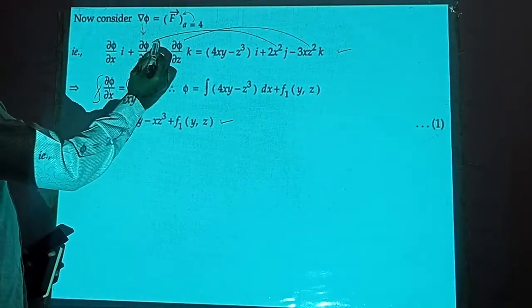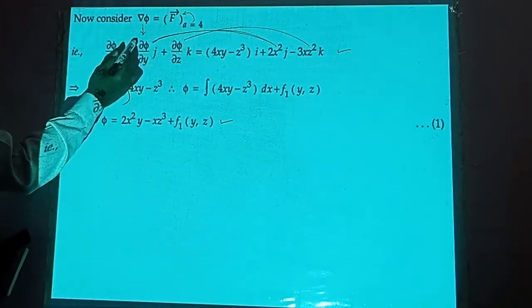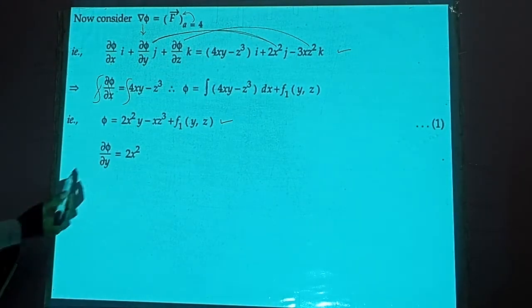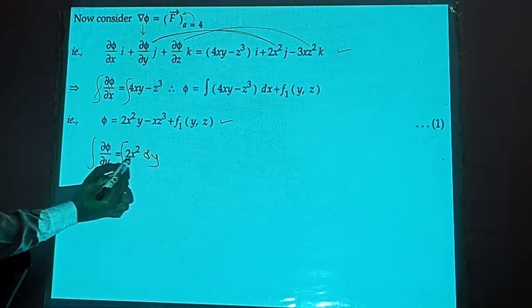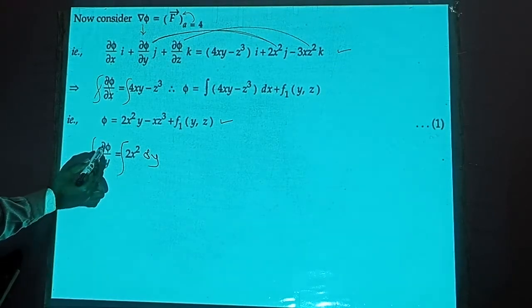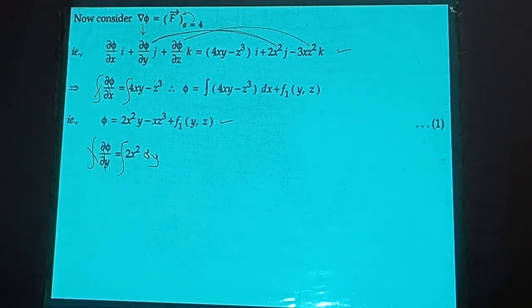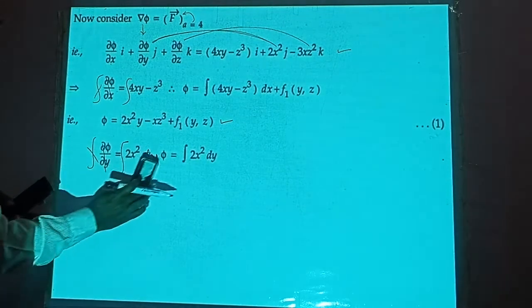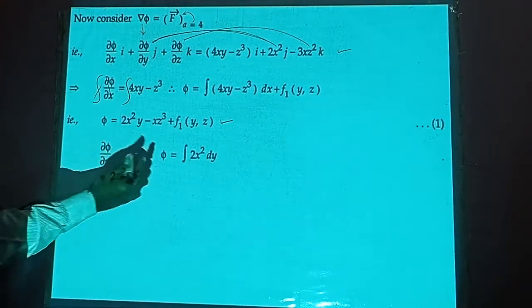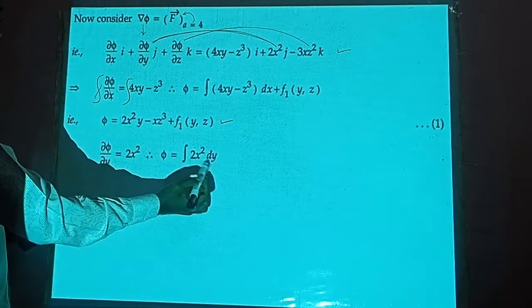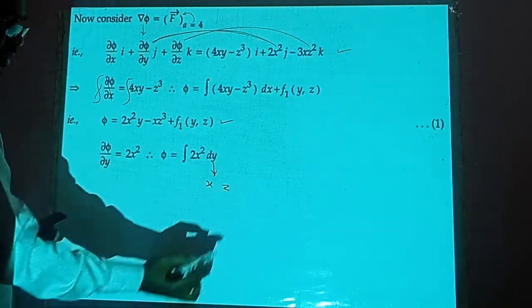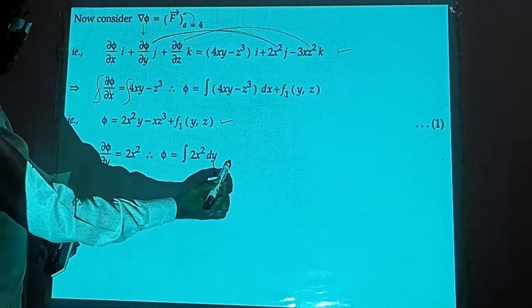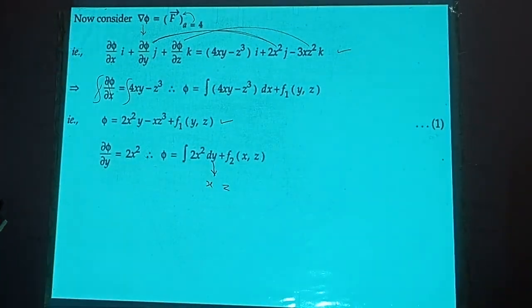Now let us equate the coefficients of j. Dou phi by dou y is equal to 2x square. Integrate both sides with respect to y. Integration and differentiation get cancelled. What do you get? Phi is equal to integral 2x square dy plus, we are integrating with respect to y, so x and z are constants, f2 of xz, right?